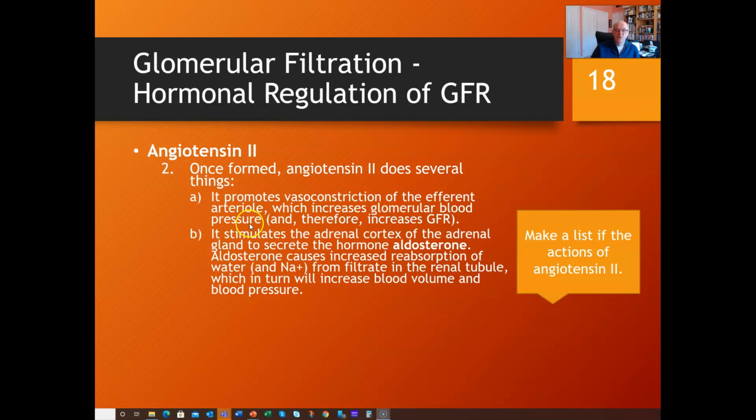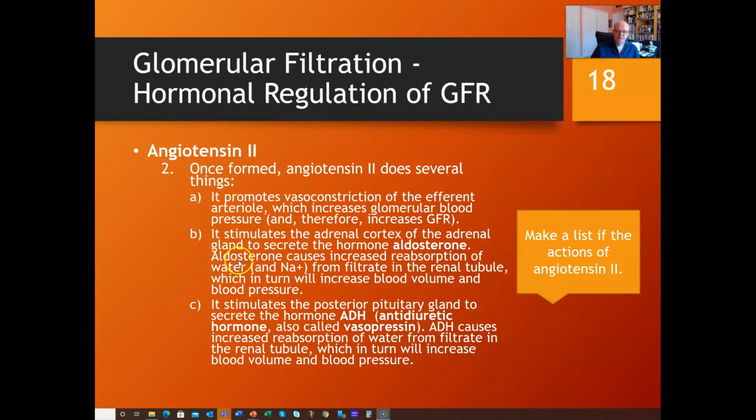Okay. It also stimulates the adrenal cortex of the adrenal gland and makes that secrete aldosterone, which is another hormone. And the aldosterone increases the reabsorption of water and sodium from the filtrate in the tubule. And this will in turn increase the blood volume and the blood pressure.